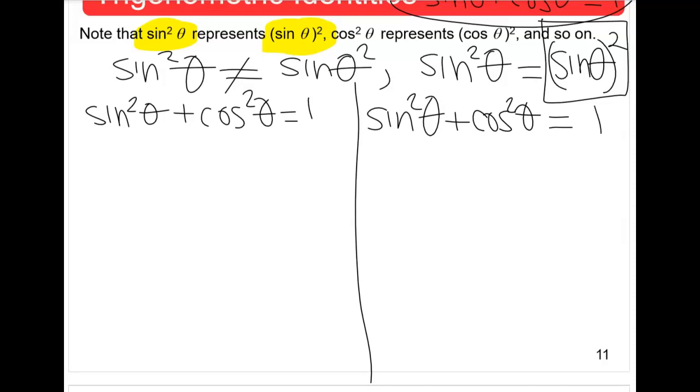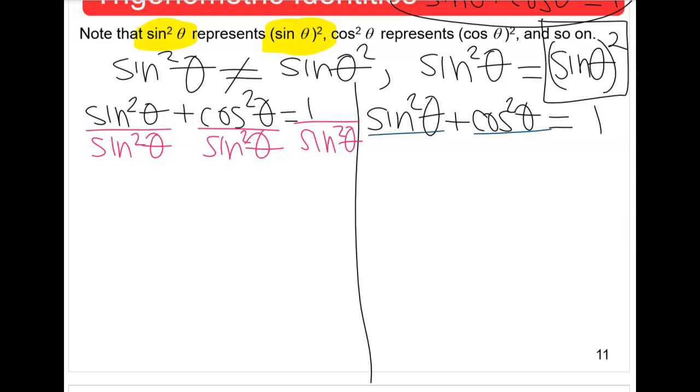And for one of them, I want you to divide by sine squared theta. And as long as we do that to the whole equation, it's okay. All right. Now on the other side of the slide, I want you to divide everything by cosine squared of theta. Everything, everything, everything.